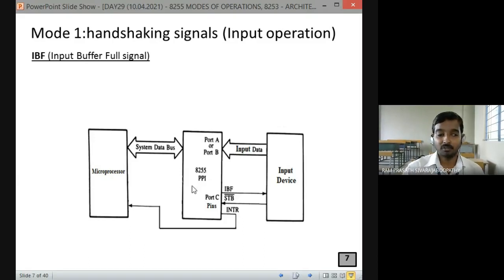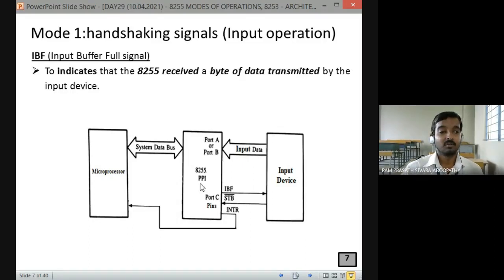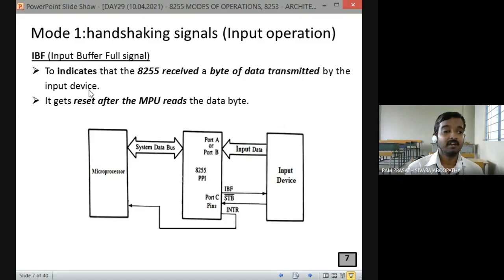Now the 8255 has received a data, correct? It has to send it to the microprocessor. So what about the IBF signal? It indicates that 8255 received a byte of data transmitted by the input device, so further it cannot receive any data bytes. In turn, it gets reset after the MPU reads the data byte.